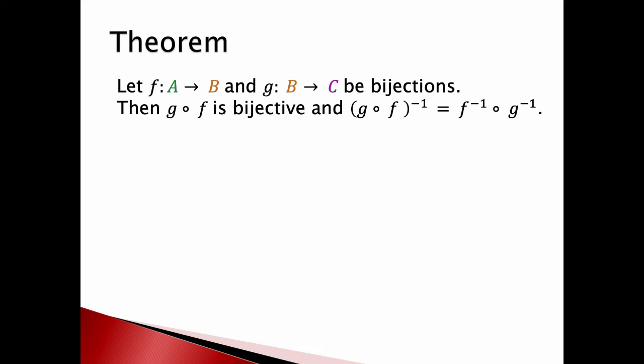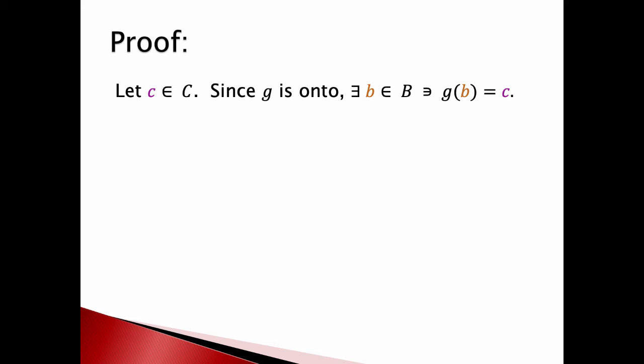Okay, so this needs a proof. First let's prove that this composition really is bijective. I'll take an element little c inside the set big C. Since g was onto, there's a little b that maps to it. That was the definition of onto.